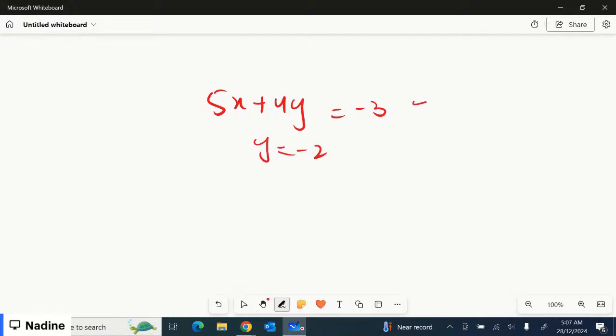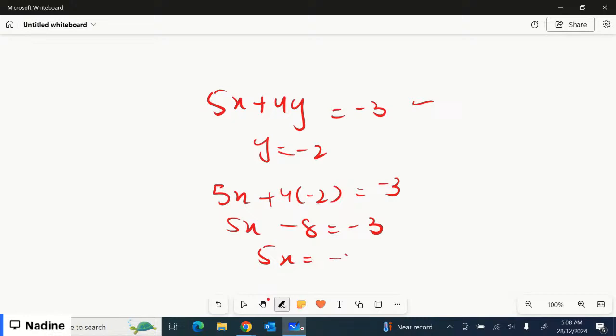Variable y is already isolated, so you just have to substitute the value in equation number 1. Simply replace y with negative 2: 5x plus 4 times negative 2 equals negative 3. 5x minus 8 equals negative 3. 5x equals negative 3 plus 8, and 8 minus 3 is 5. So 5x equals 5 and x equals 1.